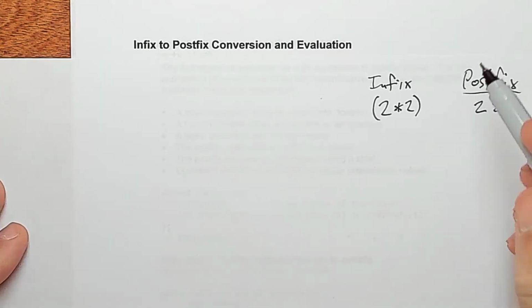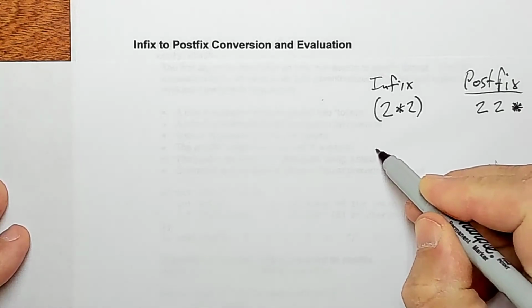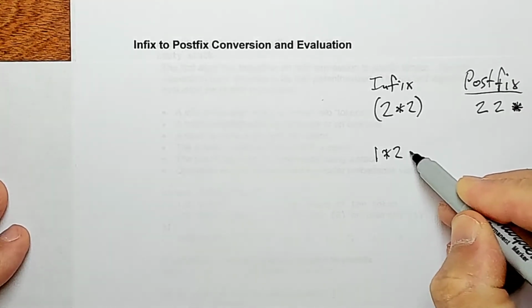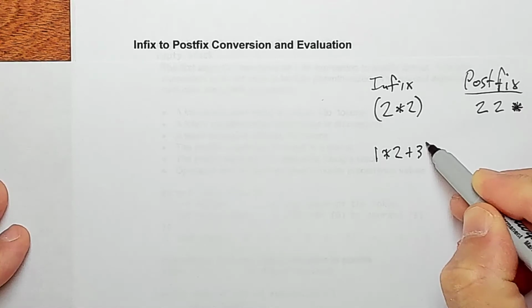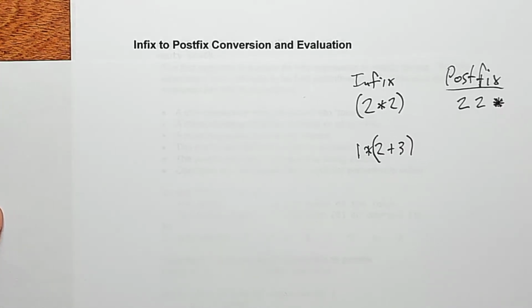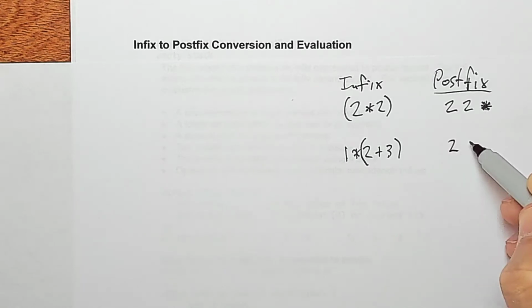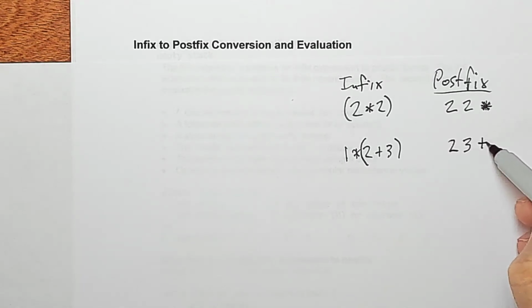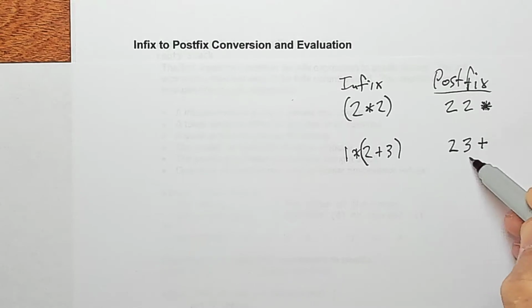Here I can do a more complicated one. So how about 1 times 2 plus 3, where we want to do the addition first. So we'll put parentheses on there. So in postfix, we're trying to do the addition first, so it'll be 3, 2 plus. And then this pattern of operand, operand, operator can be considered an operand.